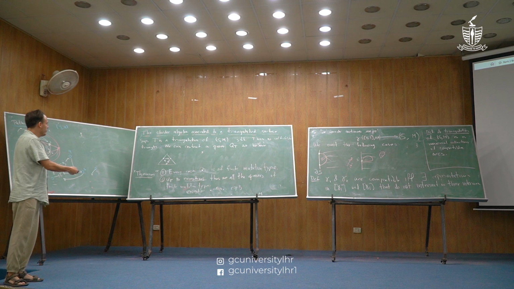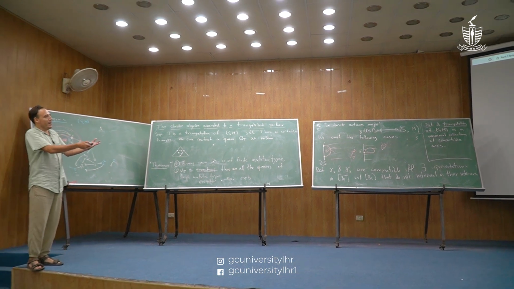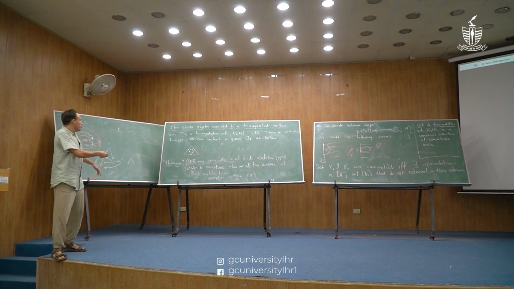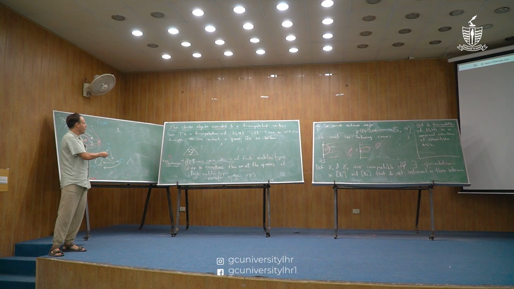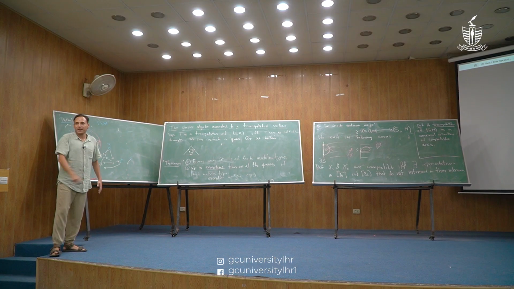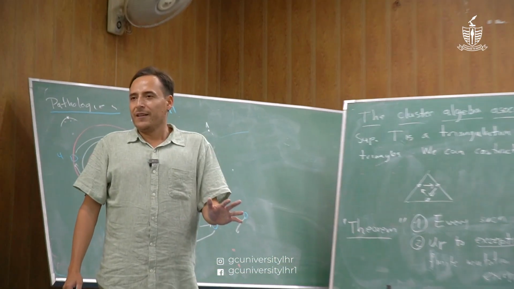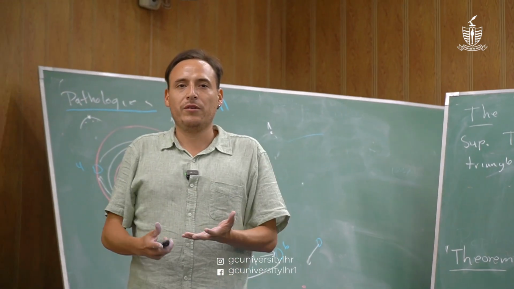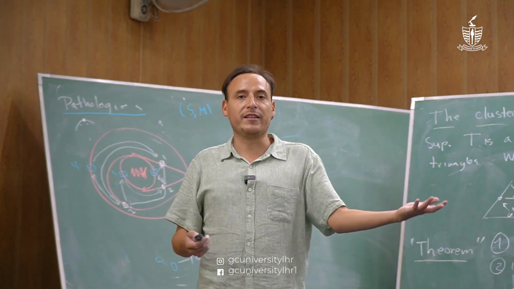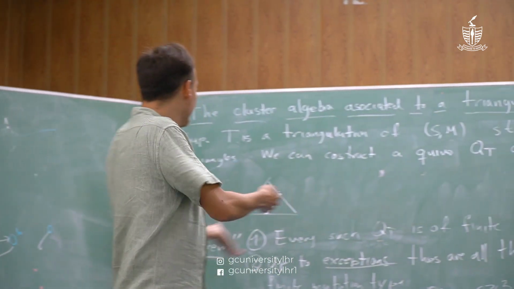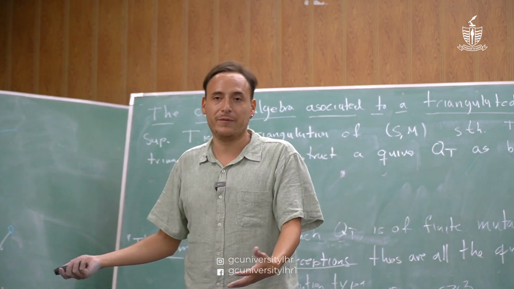I just hope that from these pictures and this discussion, you can get an idea of this theorem. And maybe the very last remark is that, just like in the case of the polygon, where there was an algebraic variety sitting in the background, the Grassmannian, here there's also an algebraic variety sitting in the background.